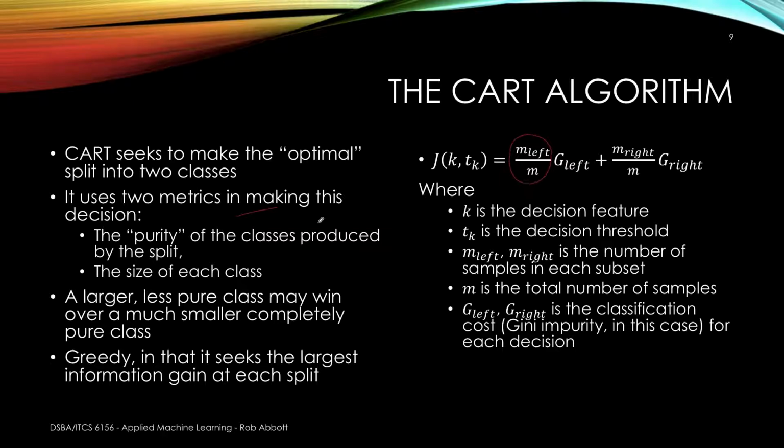This just goes back to simple statistics: if I've got more examples that represent this class than I have examples that represent this other class, I want to weight that in such a way that it determines likelihood correctly. So a larger, less pure class may win over a much smaller, completely pure class. That's one challenge with CART trees.